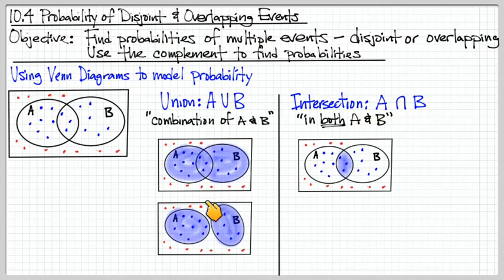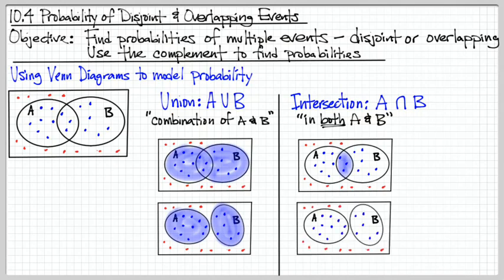It's slightly different in the sense that there's no overlap between the outcomes in A and B. This is the union. Everything within A combined with everything within B comprises the union of A and B. But in the case of the intersection, since there's nothing in common, the intersection of A and B is nothing.